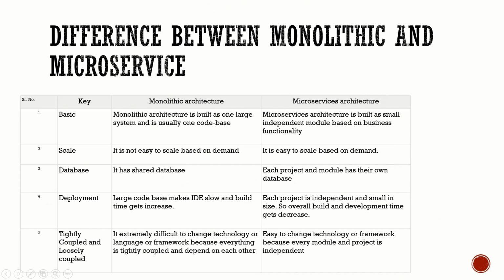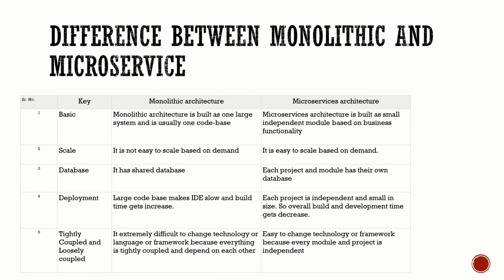So I have listed out key points on which we can differentiate both of the architectures. So let me go for the basic one. Monolithic architecture is built as one large system and is usually one code base. So when we develop the monolithic architecture, the whole project is developed in one large system and it is usually one code base.